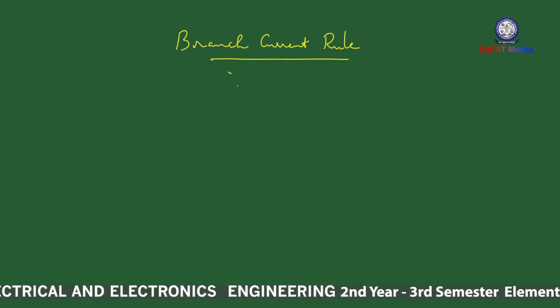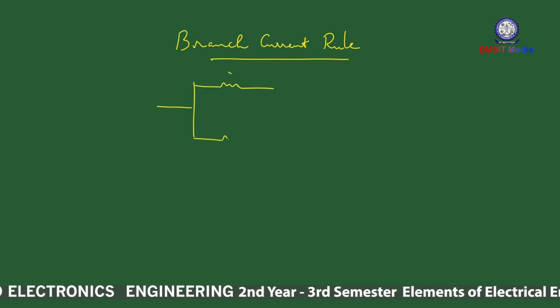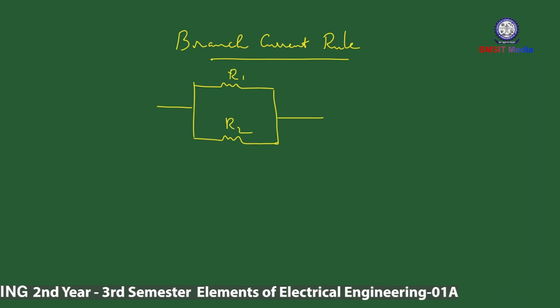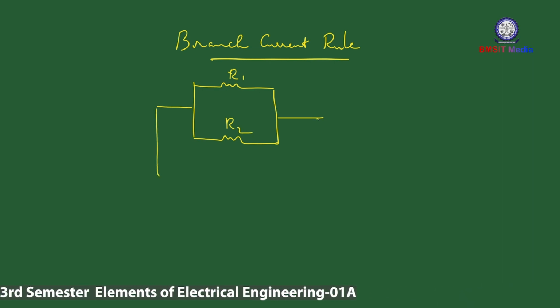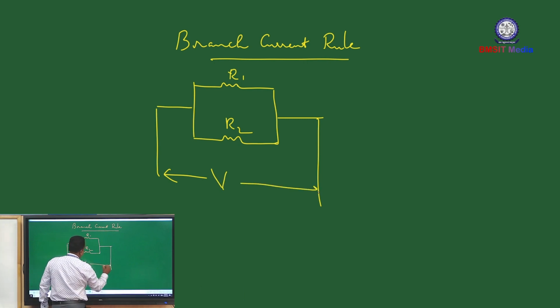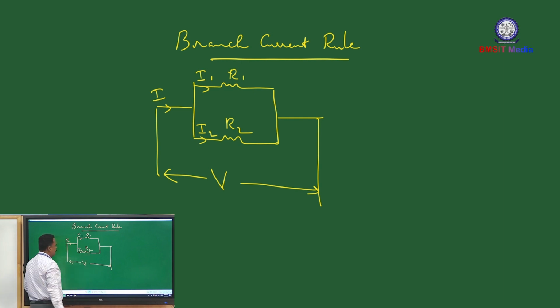If you have two resistors R1 and R2 connected in parallel, V is the applied voltage, I is the main current or total current, I1 is the branch current. I1 is the current through R1, I2 is the current through R2.